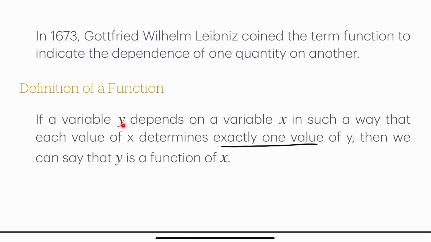If a variable y depends on a variable x in such a way that each value of x determines exactly one value of y, then we can say that y is a function of x. Meaning if there is one value of x and there are two values of y, then that is not a function. So there has to be exactly one value of y.